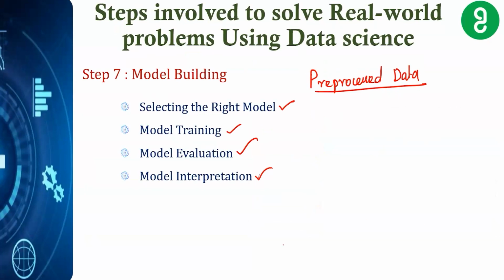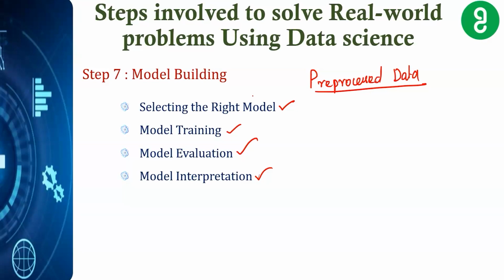Data science is nothing but a step-by-step, iterative process. We have to follow all 7, or 9, or 10 steps, and only then can you say that you have completed your data science project.